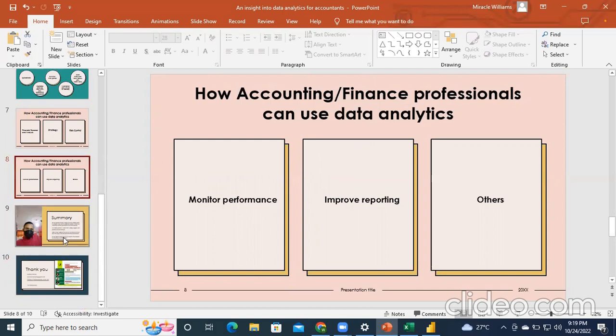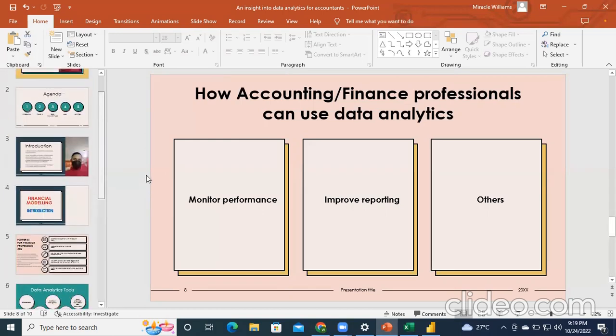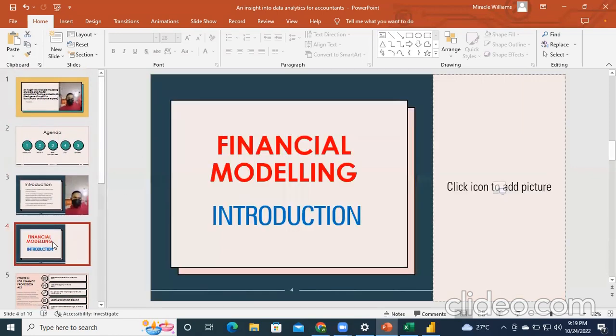So without wasting time, let's look into what we have for today. From our timetable, we'll be looking at introduction to financial modeling before we then look into other aspects which have to do with the advanced formulas and techniques that expedite financial workflow.